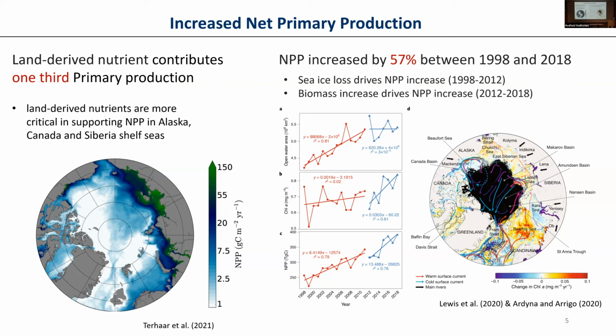And looking at this map, you can see the largest increase in biomass was observed in 2 inflow shelves. One is the Barents Sea and another is the Chukchi Sea. And to compare these 2 maps, you can see, although all the Arctic marginal seas have increased primary production, the nutrient driver is different in different areas.